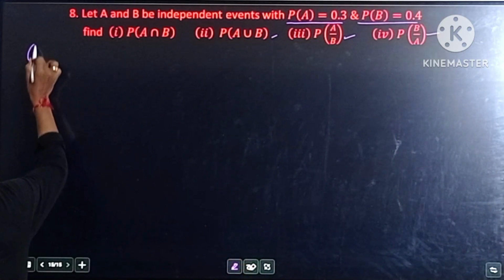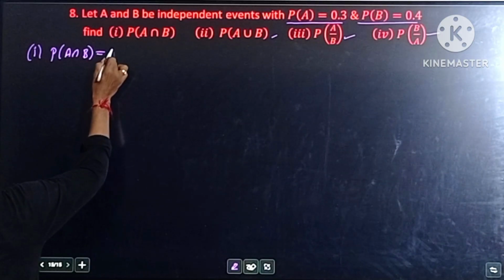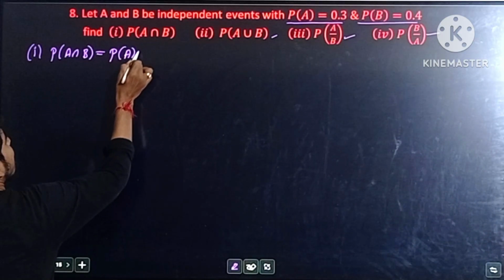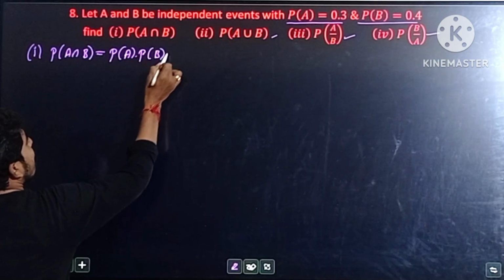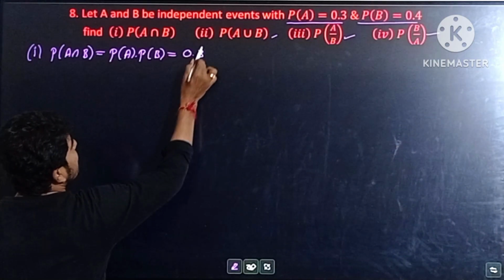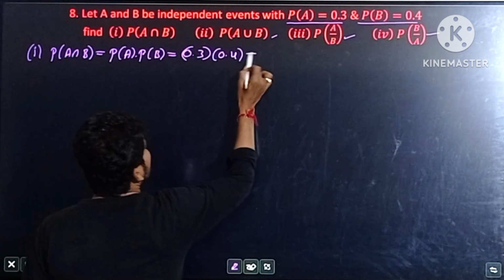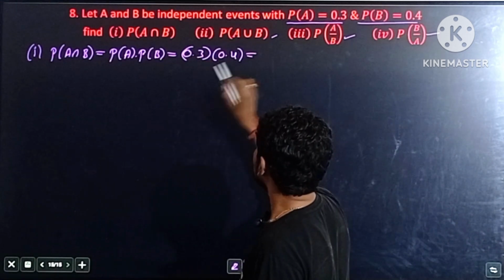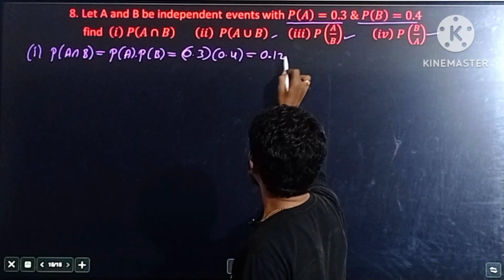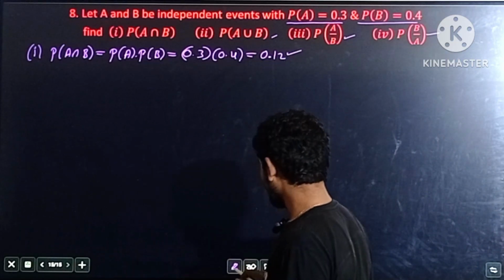Therefore, for the first one, probability of A intersection B is equal to probability of A into probability of B, which is 0.3 into 0.4, which is 0.12. So the required probability of A intersection B is 0.12.